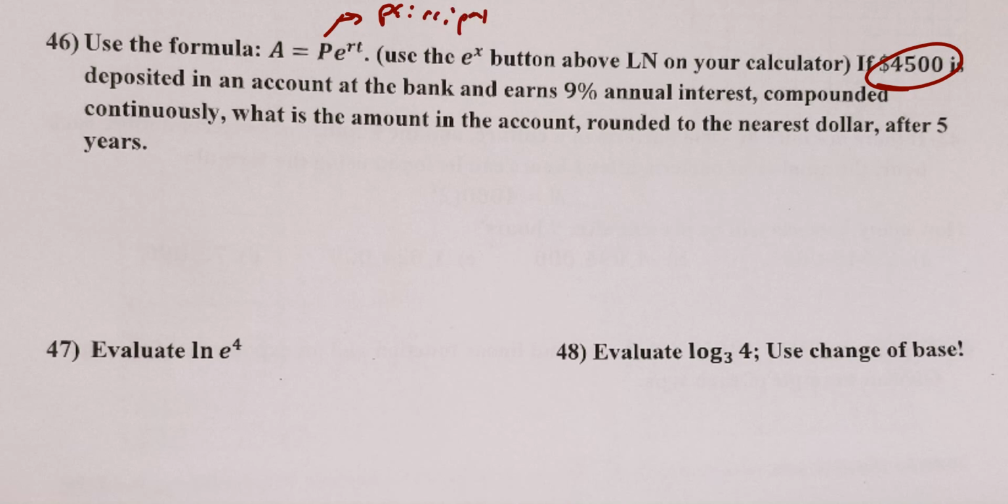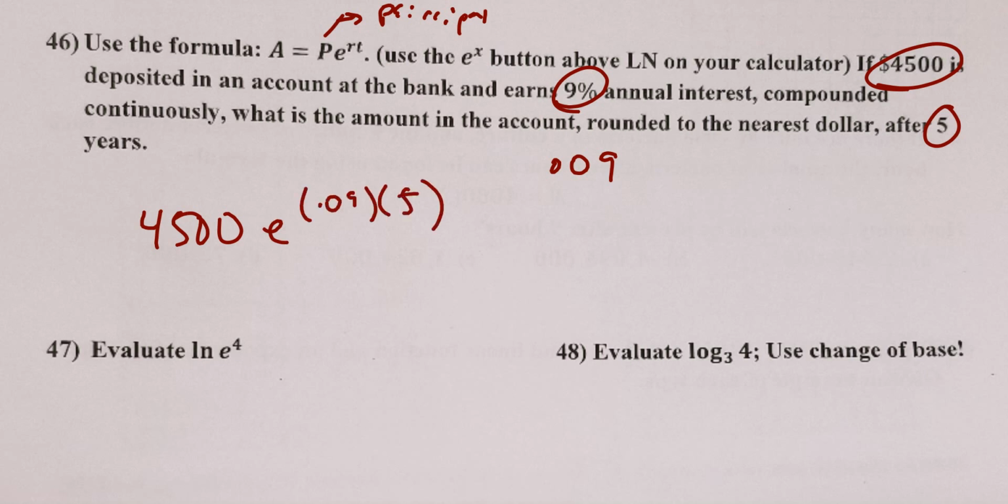R is the rate, so 9% is 0.09. T is time, compounding continuously after 5 years. So my formula is going to be 4,500 e to the 0.09 times 5.